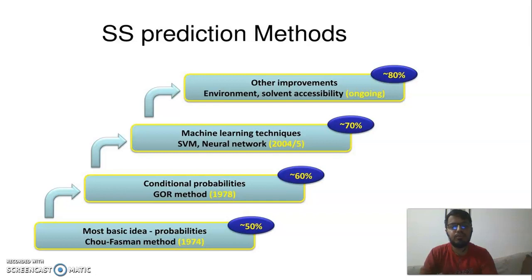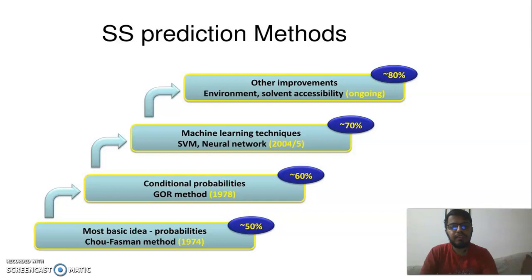Then we can move to conditional probabilities like the GOR method, which was given in 1978, which gives an accuracy of around 60%. Then we have more improved algorithms and neural network systems that provide secondary structure information with an accuracy of about 70%.